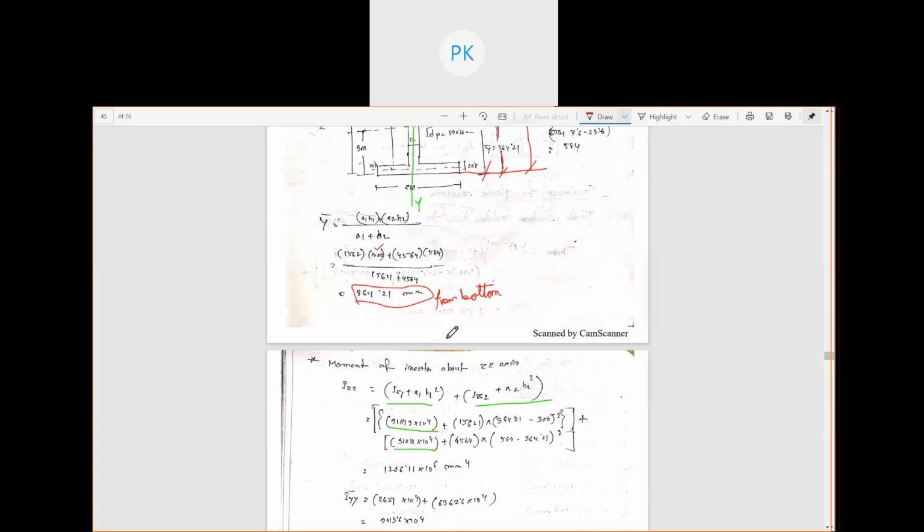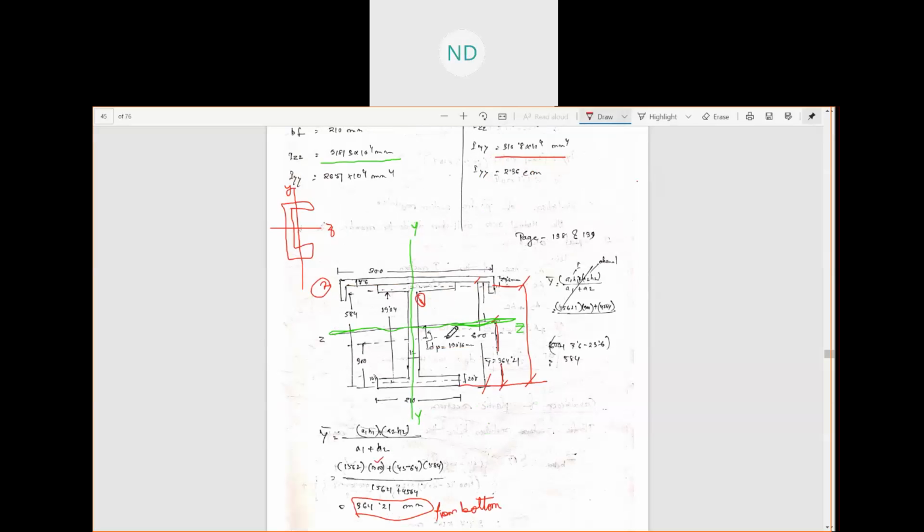But in this particular built-up member, our channel section is placed in this way. So now this one is our y-axis, and this is our z-axis.